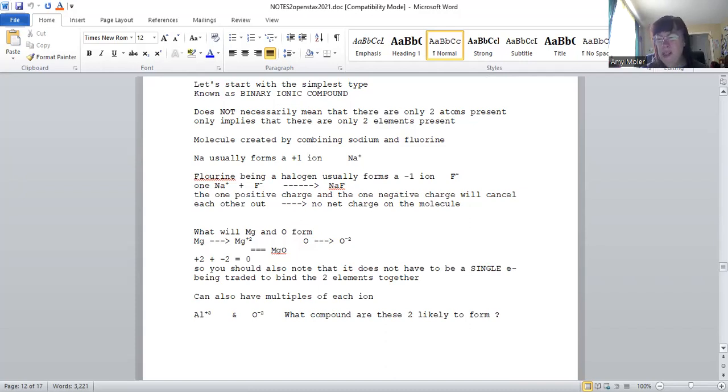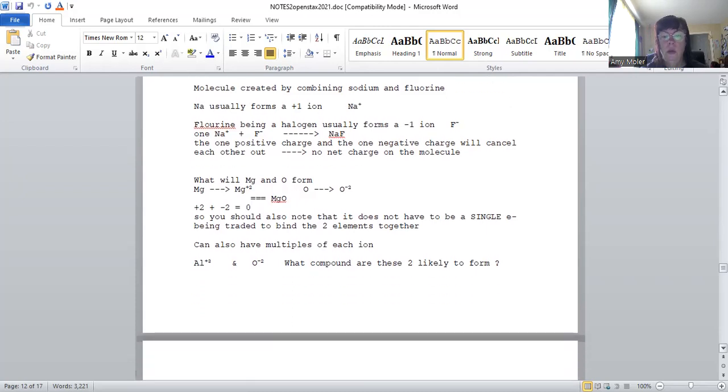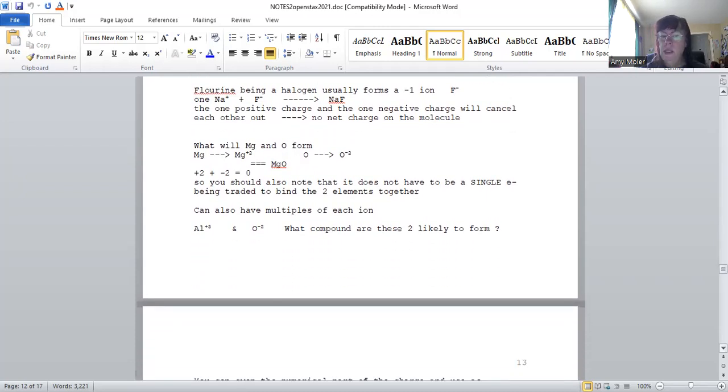You're basically trading a single electron. How about magnesium and oxygen? Magnesium, being an alkaline earth metal, likes to be +2. Oxygen becomes -2. And again, we have an equivalence there. 2 positives, 2 negatives, you add them together, there's no leftovers. You basically traded 2 electrons.